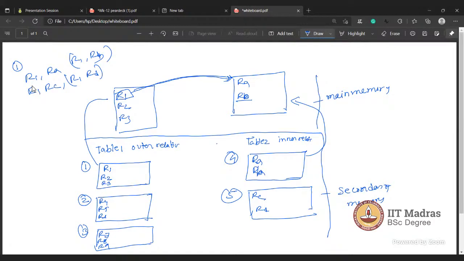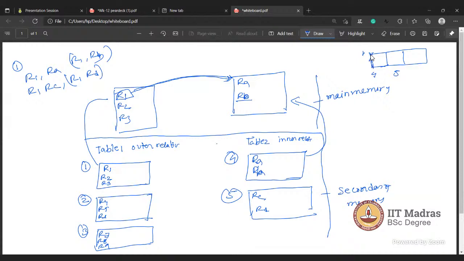My question is, to access these blocks inside table 2, I have to seek those blocks also, no, sir? See, suppose this is the block, table 2 block 1, which I named 4, and this is 5.